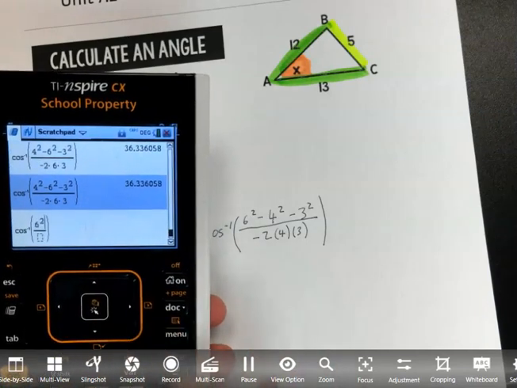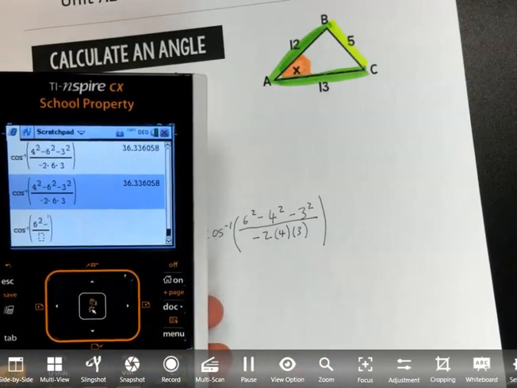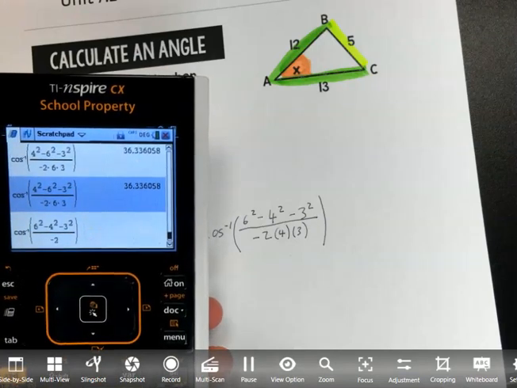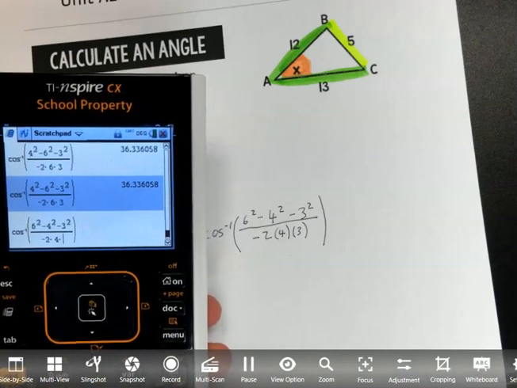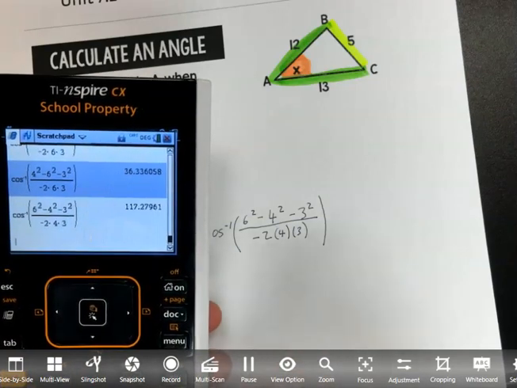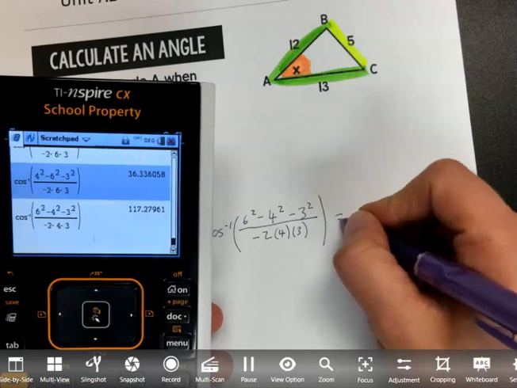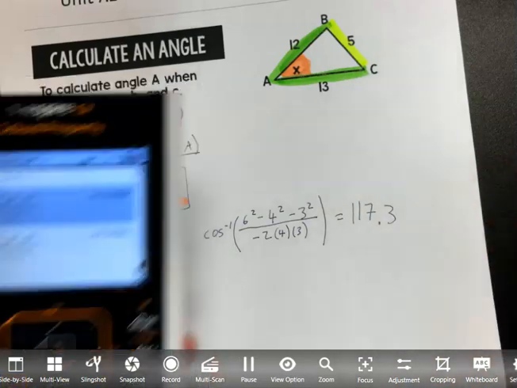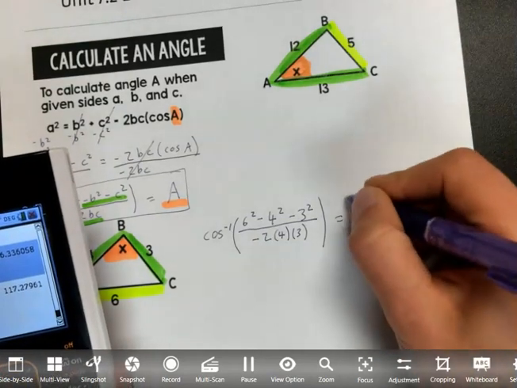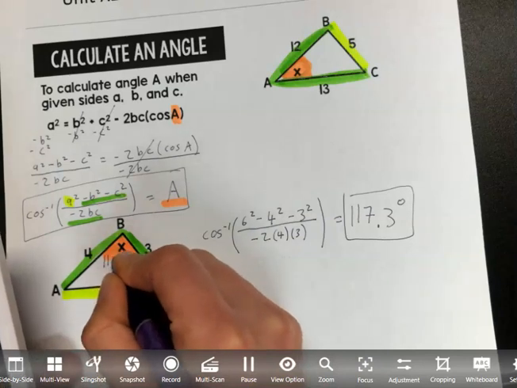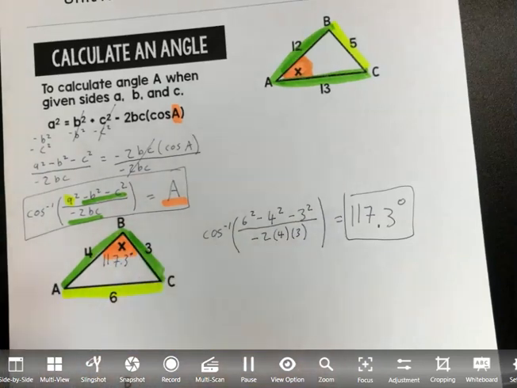So from here, I just enter everything in the calculator exactly as I have it written. Move down, negative 2 times 4 times 3. So exactly as written right there. Enter, and I get 117.3 degrees. Okay, so our orange angle is 117.3 degrees.